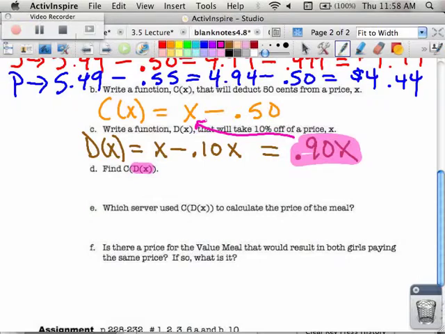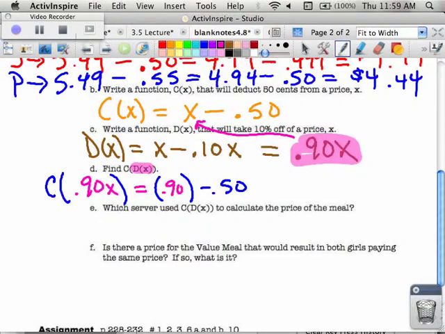So c of d of x is really saying something like, I want c of, and shove in the 0.90x. And what you get when you shove that in is the function up above, which was whatever I was having minus 50 cents. And what I shoved in was the 0.90x. So that's my information with that.